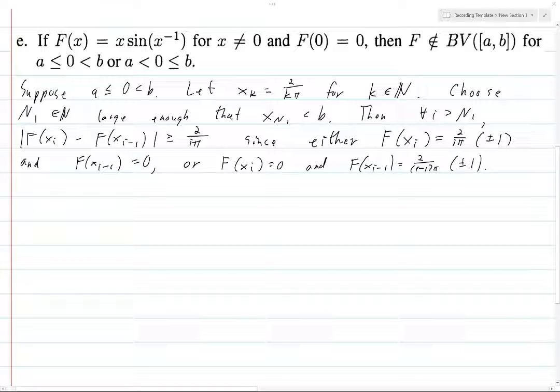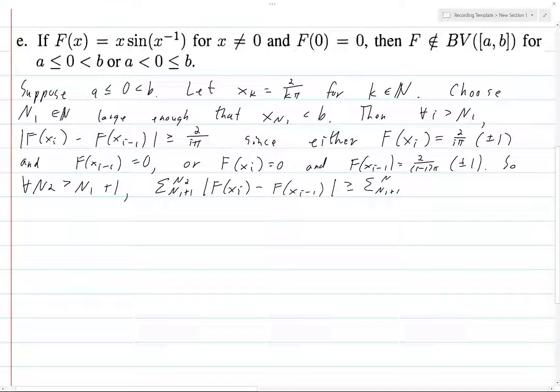So anyways, for all n2 greater than n1 plus 1, the sum from n1 plus 1 to n2 of f(x_i) minus f(x_{i-1}) is going to be greater than or equal to the sum from n1 plus 1 to n2 of 2 over i pi.